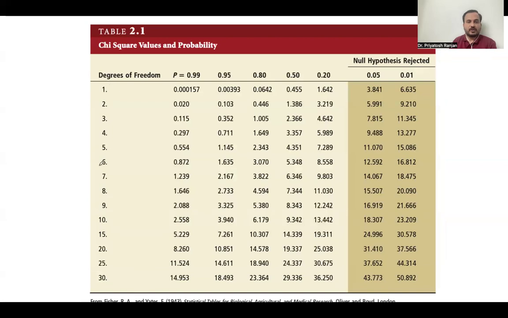On the vertical axis is the degrees of freedom. Then I need to figure out where my chi-square value lies. It's somewhere between these two values, and it's much closer to this one. Corresponding to that, I need to find the p value, which is nothing but a probability value.